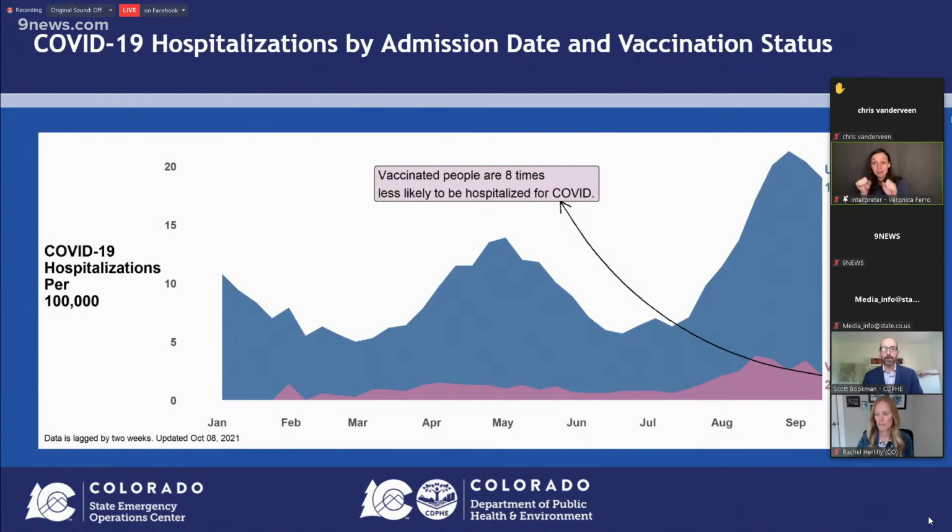And so I want to reiterate once again, the vaccine is free, it is widely available, it is safe, it is effective, and it is our ticket out of this pandemic. It is the ticket of keeping our health system protected for those who are suffering from other illnesses, cardiac events, traumatic events, to ensure that we have all the hospital capacity that we need as we go into the fall and into the winter. Next slide.